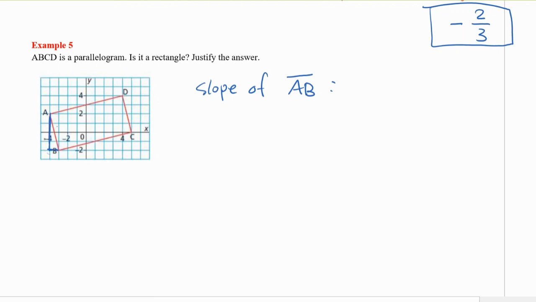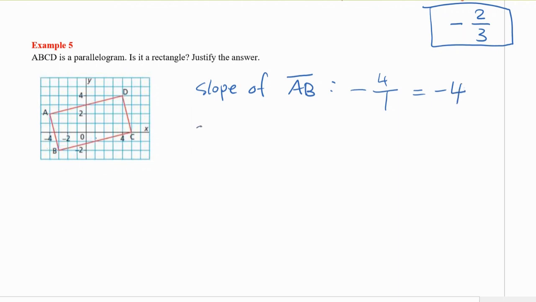Since it's going down, it's negative 4 over 1. Or you can just simply count 4 and 1, and since this is going down, we know this is a negative slope, so we put a negative sign here. So this is another way of finding a slope. So the slope is negative 4.